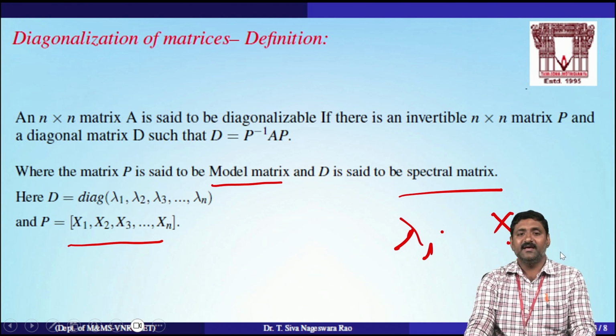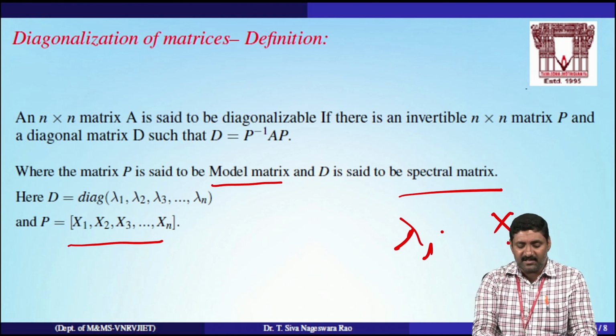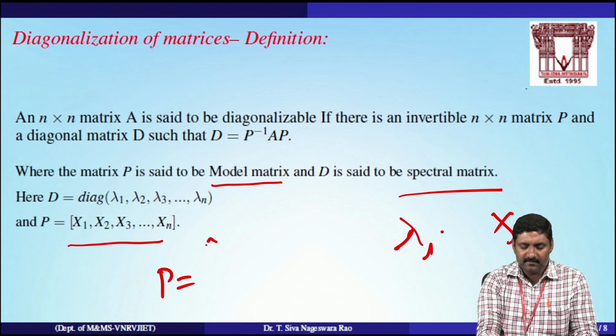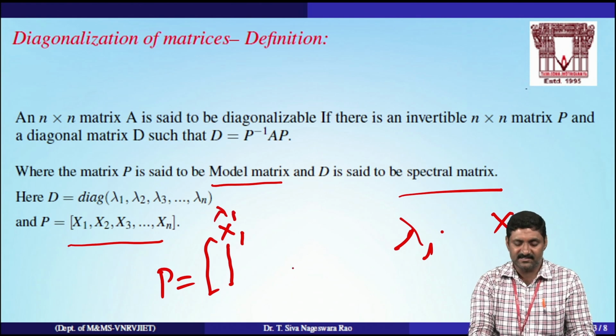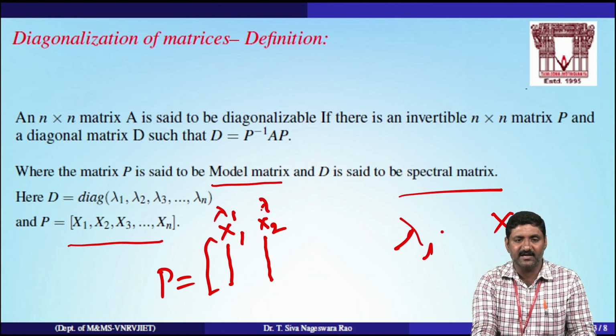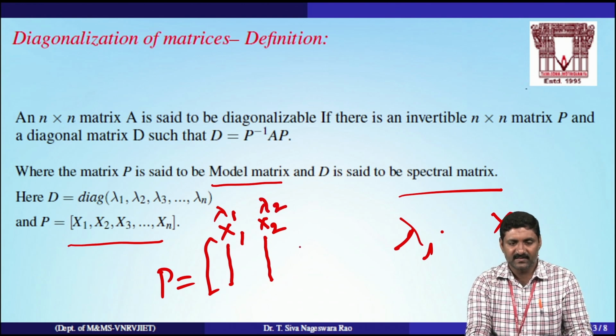Therefore, we will write capital P with the first column as the first eigenvector corresponding to the first eigenvalue. Similarly, the second column is the second eigenvector corresponding to the second eigenvalue.